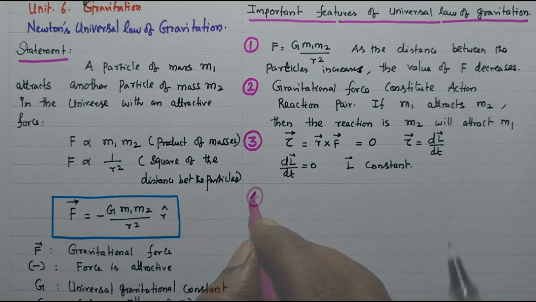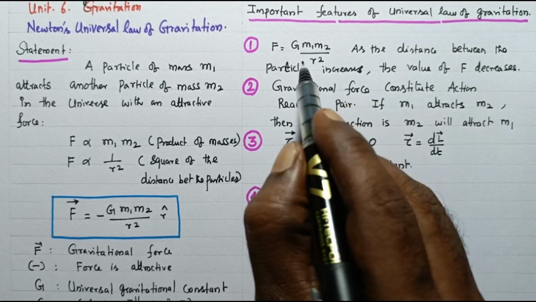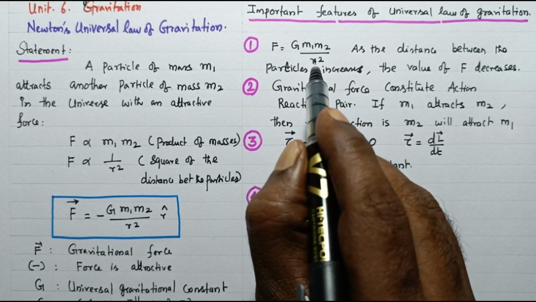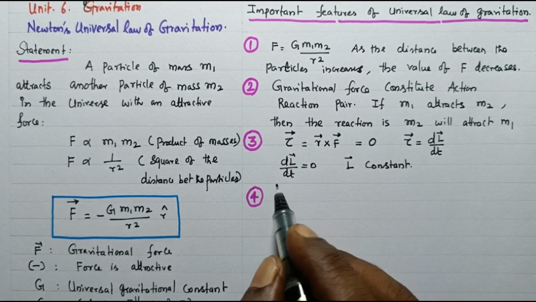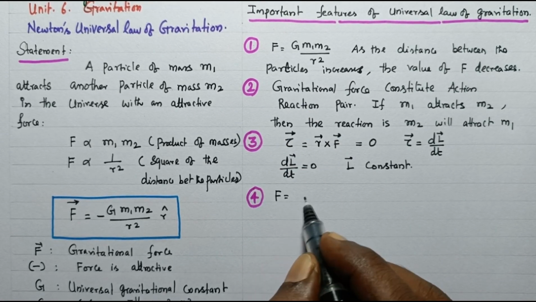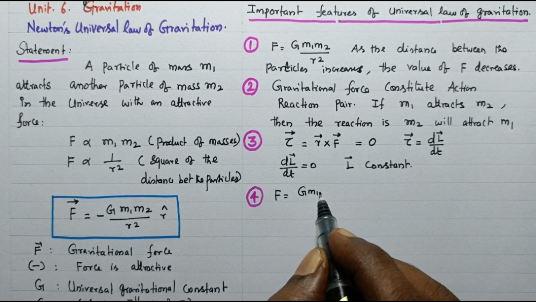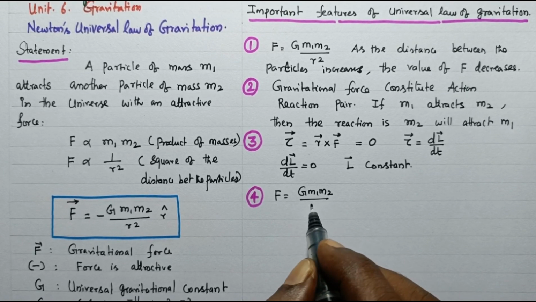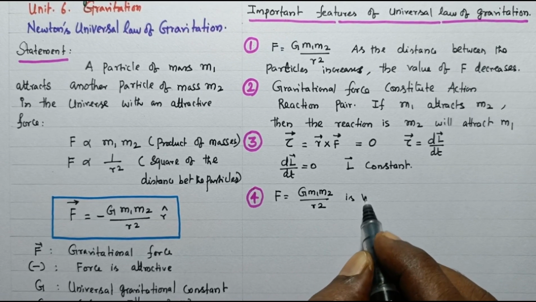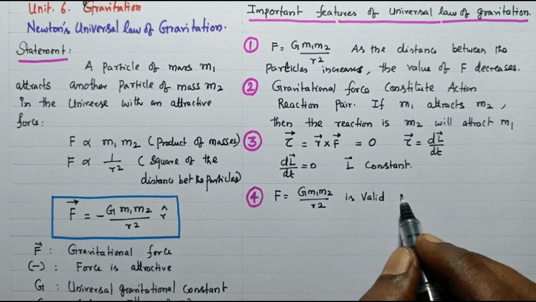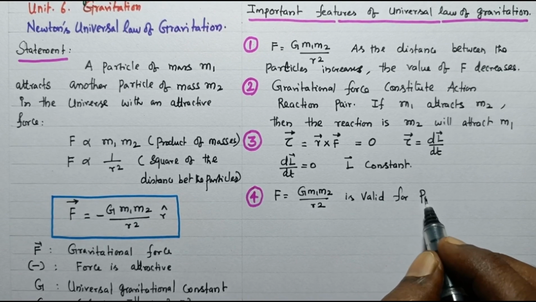Next point, this expression. The mathematical expression for the gravitational force F is equal to G m1 m2 by r square is valid for point masses.